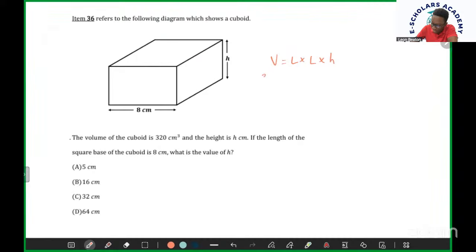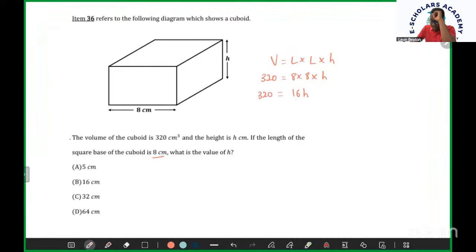The length is 8, so we can do 8 times 8, and then multiplied by the height. That is what we want to find. So 8 times 8 is 64. So 64 times H will give me 64H, and that is equal to 320.